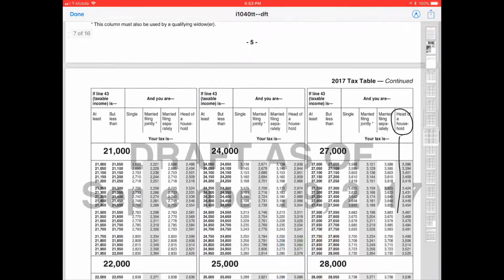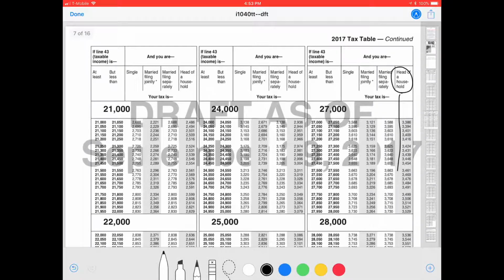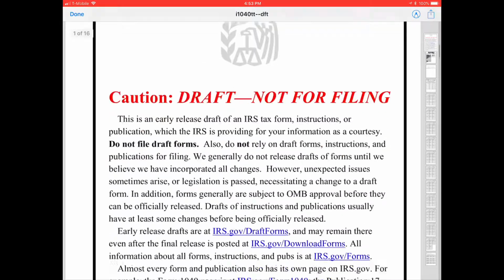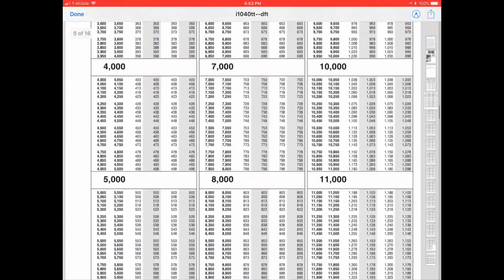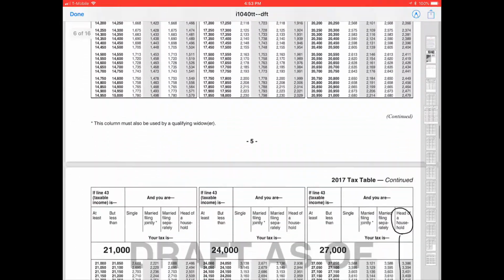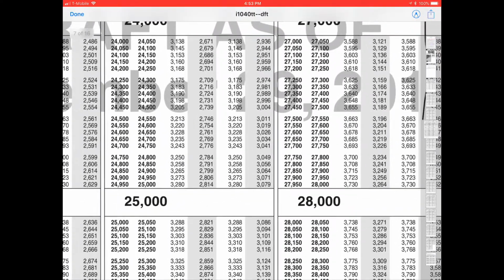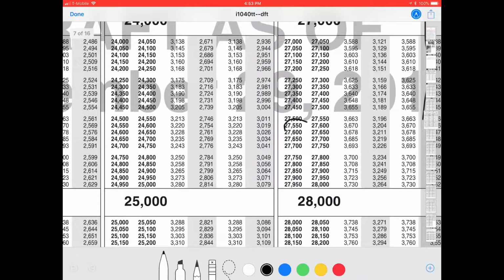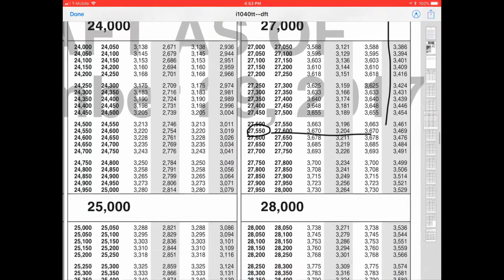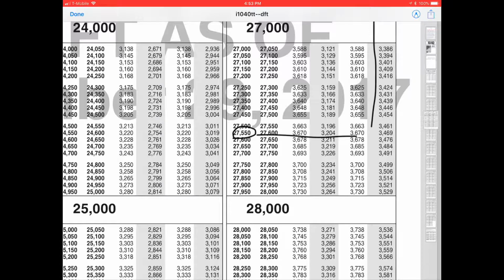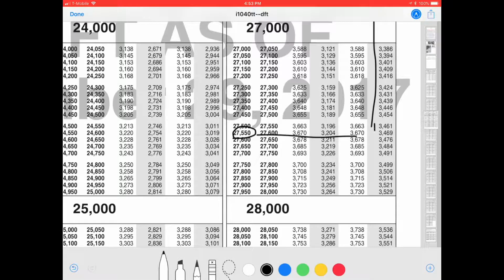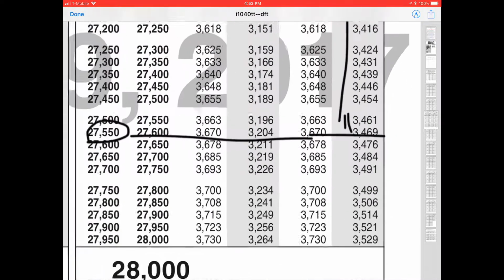we're going to circle head of household. We're going to draw a line all the way down to her income, which was $27,550. And this is it, 3,469.